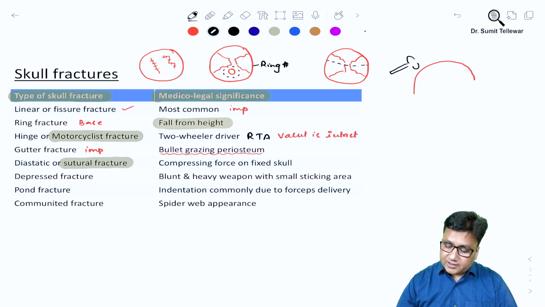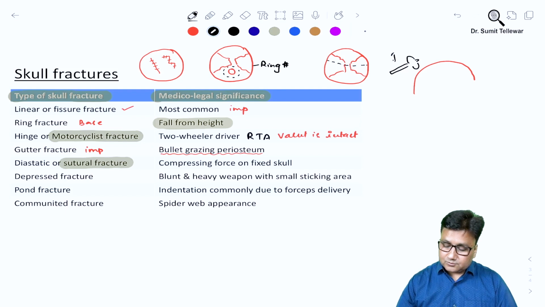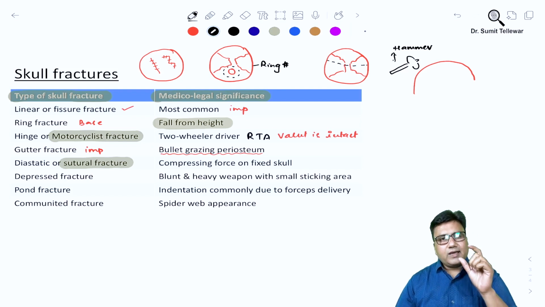So what kind of weapon is a hammer? A hammer is a blunt, heavy weapon with a small striking area. So although it is blunt and heavy, the striking area is small.